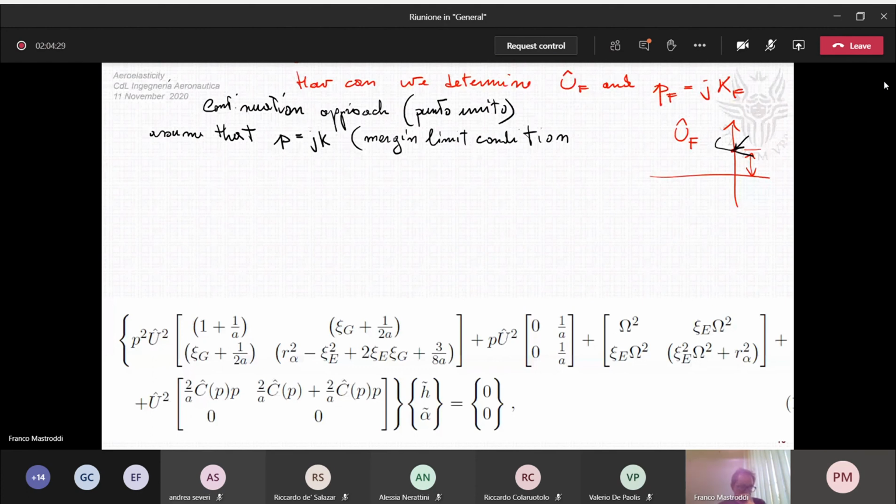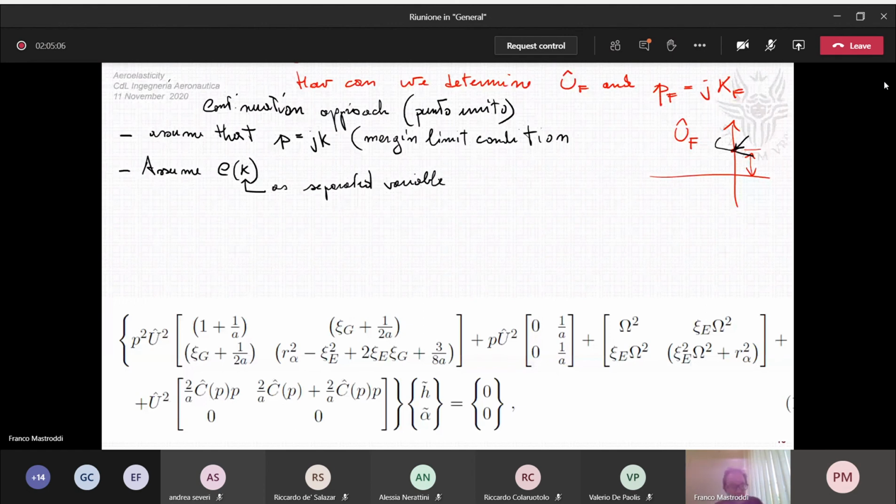And the other point is the following. Assume C of P, a Taylor-Sand function C as a function of K, as separated variable. What does it mean, separated variable?